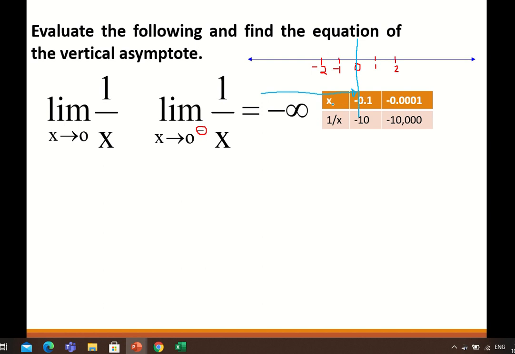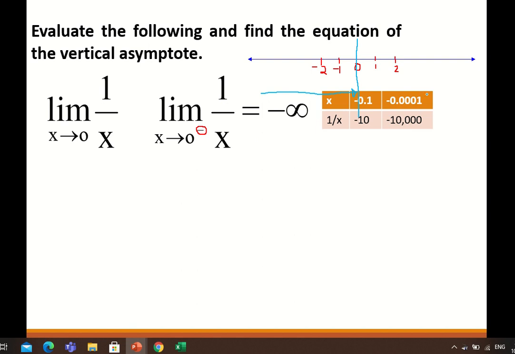When x is equal to negative 0.1, substitute it here, 1 divided by negative 0.1 is negative 10. If you have, say, negative 0.0001, substitute here, this is also negative, so you'll have negative 10,000.